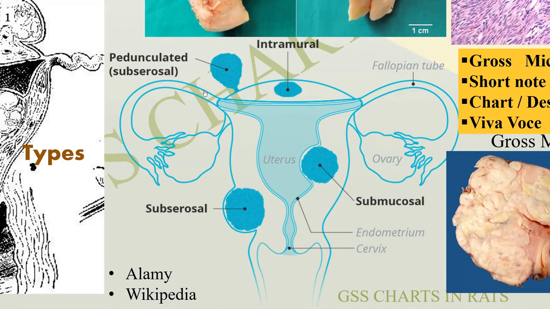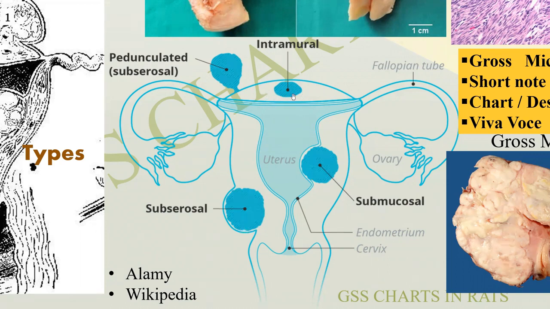Look at the locations. This is the mucosa. Immediately beneath the mucosa, it is located. So it is called a submucosal fibroid or leiomyoma. This is the outer layer or the serosa, and beneath that I am able to see one. So it is called a subserosal.